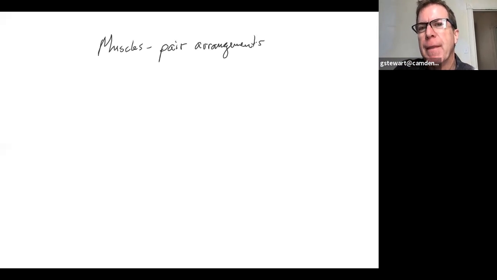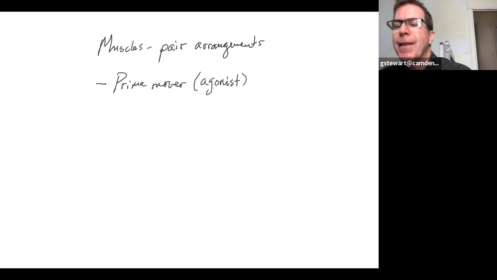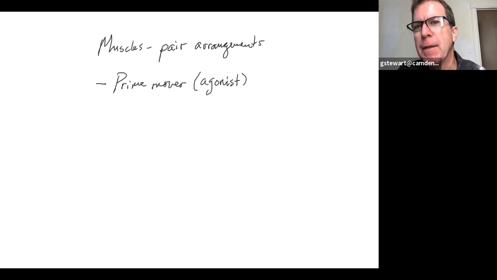There's typically one muscle called a prime mover, and in parentheses, I'm going to write agonist, same thing. That would be a muscle that typically causes something to move at the insertion end. I'll define origin and insertion again in a minute. I'm trying to go in the order of your book.